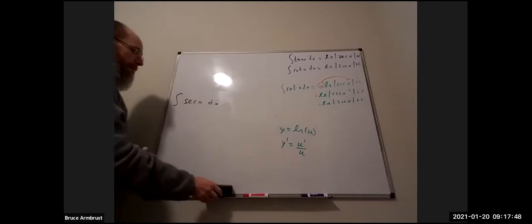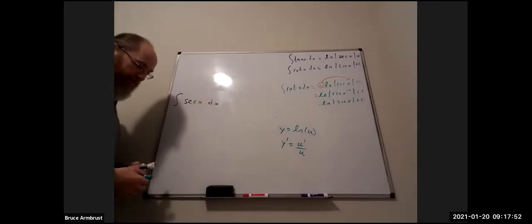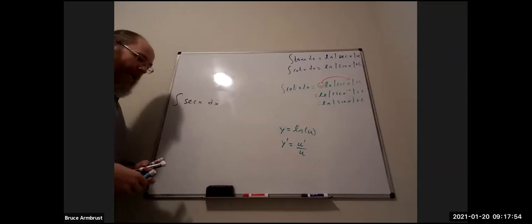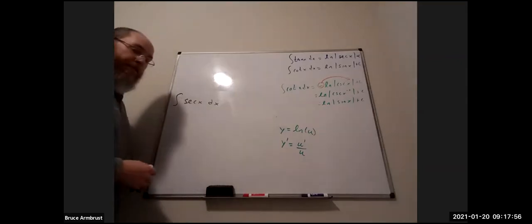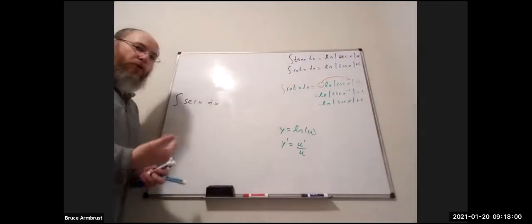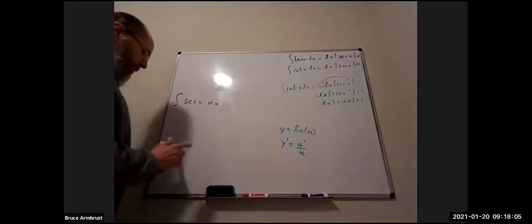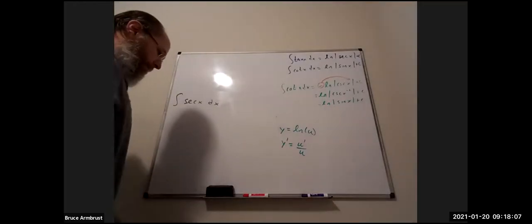Here's what we're going to do. I'm going to take this secant and I'm going to multiply it by a fraction. And that fraction is going to hold the same thing on top and bottom. So I'm really multiplying by 1. And here's what I'm going to multiply by.